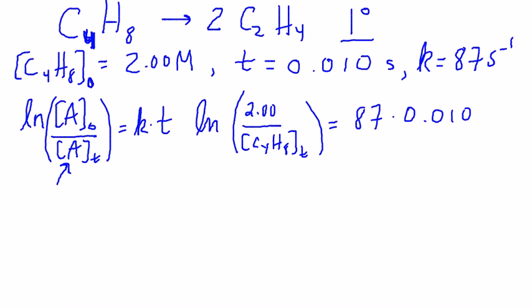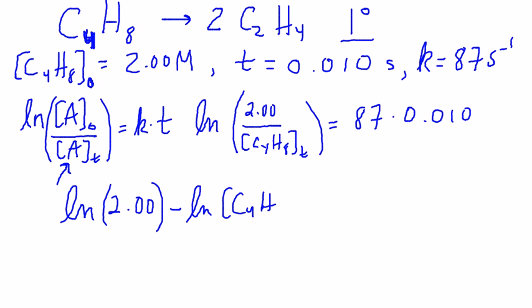There's a couple ways we can approach this, but let's see. If we expand this expression out, the natural log of 2 over the C4H8 becomes the natural log of 2 minus the natural log of C4H8 at time t.